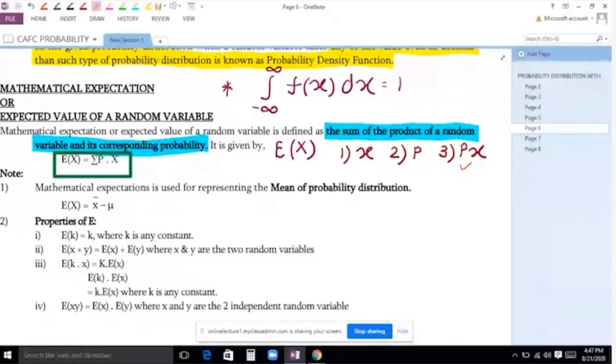But is it necessary that in the given sum you will always be given the value of X and P?